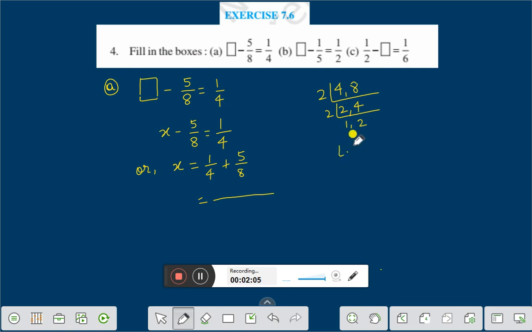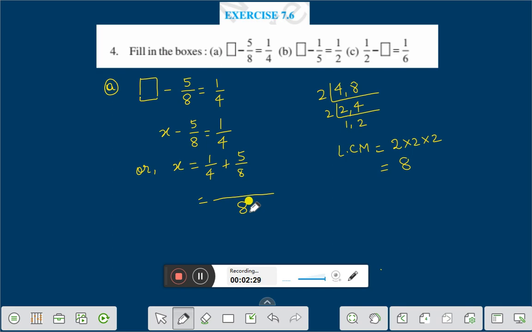Therefore, LCM is equal to 2 into 2 into 2, that is 2 to the 4, 4 to the 8. 8 is the LCM. Therefore, here 8 is the LCM, right?